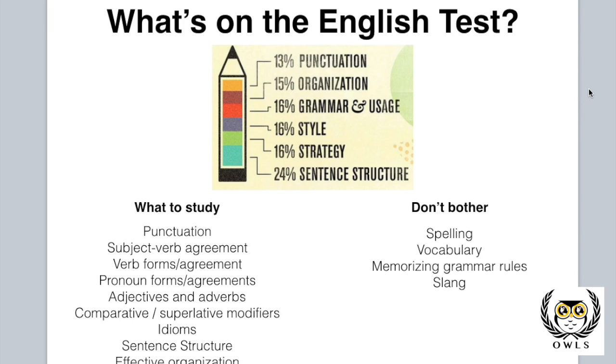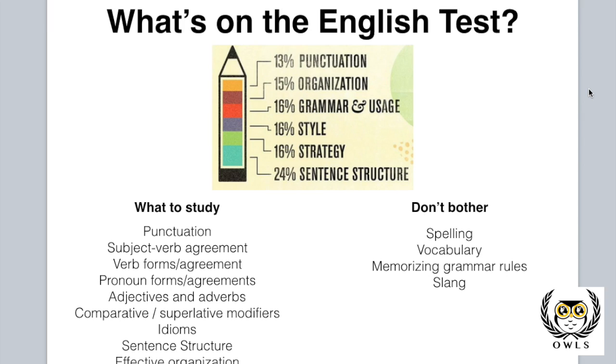What you should study are ideas like punctuation, subject-verb agreement, verb forms and agreement, pronouns, adjectives, and certainly sentence structure, which is worth about 24% of this test's points. So you'll see other highly assessed areas are grammar and usage, style, and strategy. So if you're going through the practice and review section of this chapter, then make sure you don't skip these.